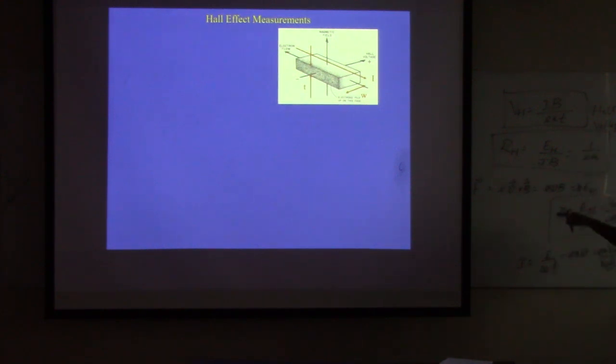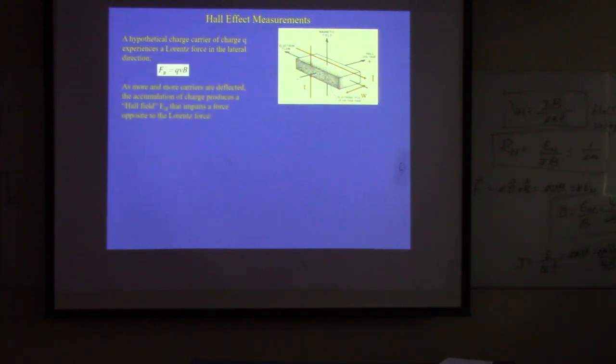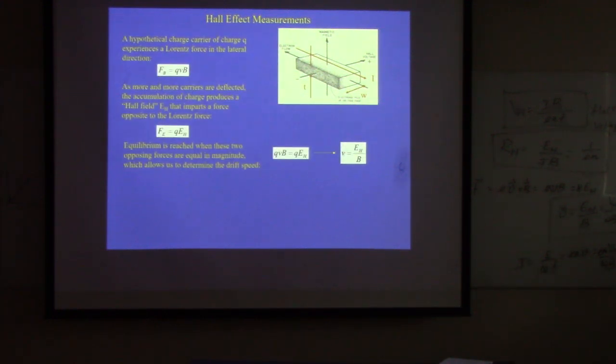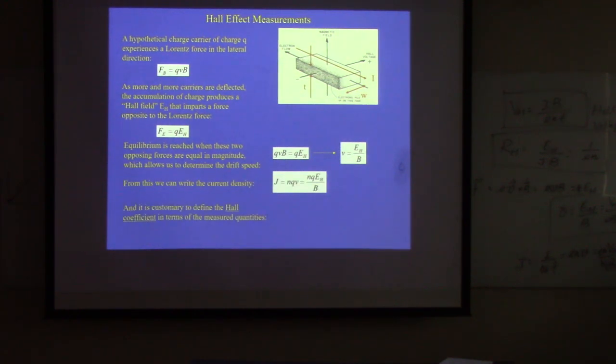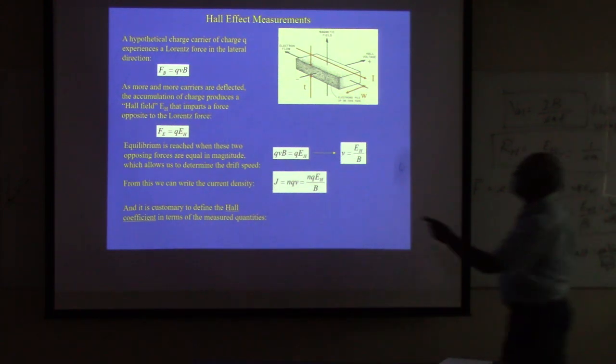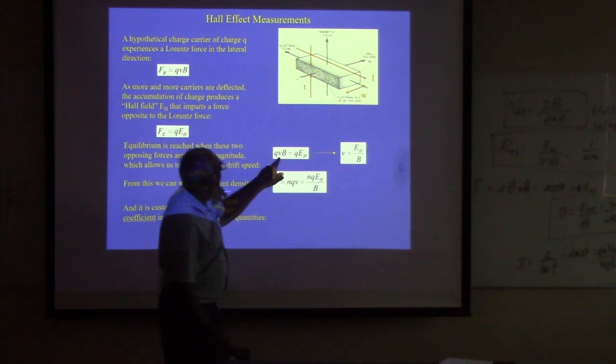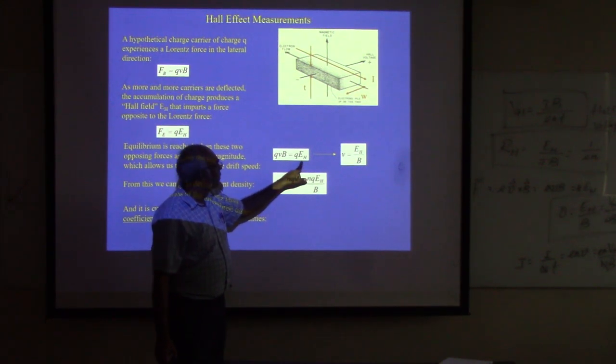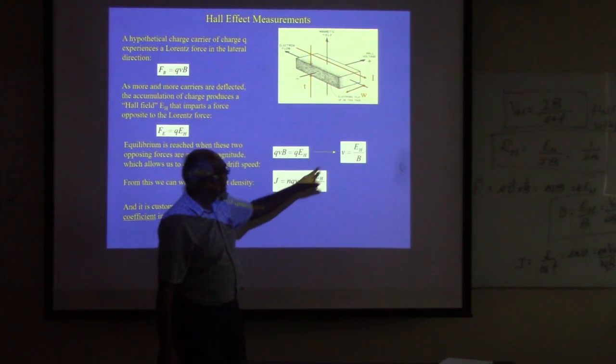Then we have J from here, I over W T. So if you look at it, it's shown here. Actually from here you can easily get it, right? So this is correct, right? This is the force balanced by the force due to the Hall field. So that we showed.